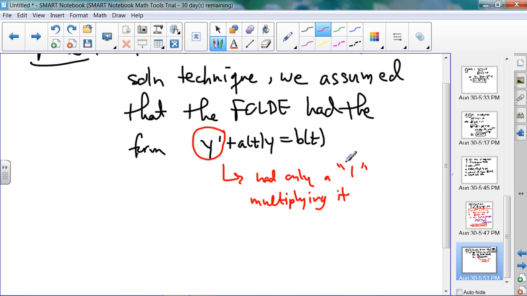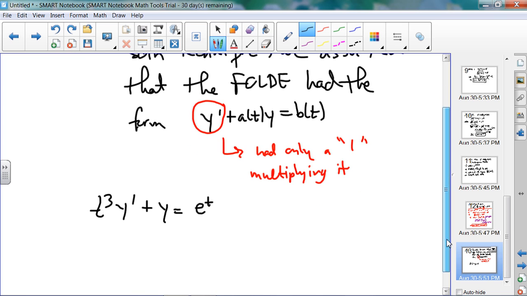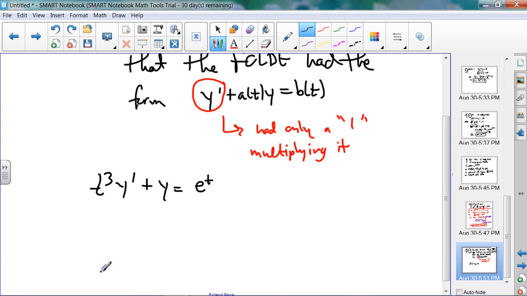This is very important because let's say we come across a differential equation that looks like, I don't know, t cubed y prime plus y equals e to the t. You might be tempted to say, okay, I'm going to find my integrating factor mu, and I'm going to identify here that a of t is 1 and b of t is e to the t.